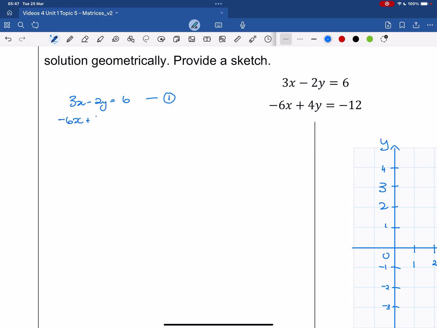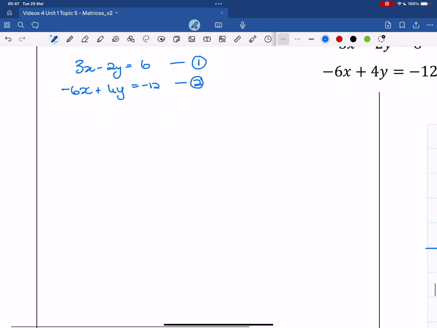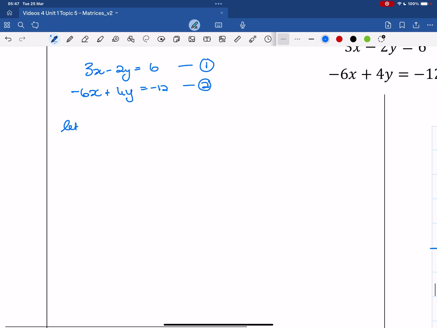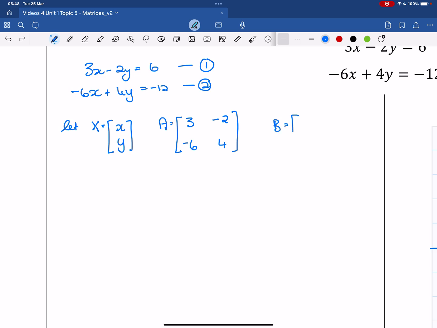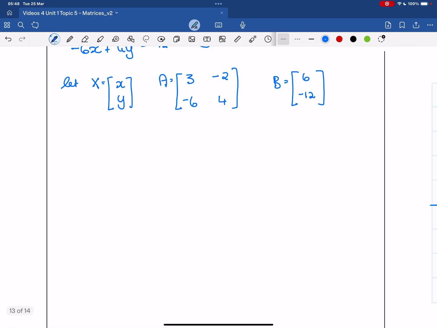Negative 6x plus 4y is negative 12 is equation 2. And we're going to let X be our variables that we don't know. Our matrix A will be our coefficients in front of our variables, and our matrix B will be the solutions. And then we're going to show our matrix algebra.